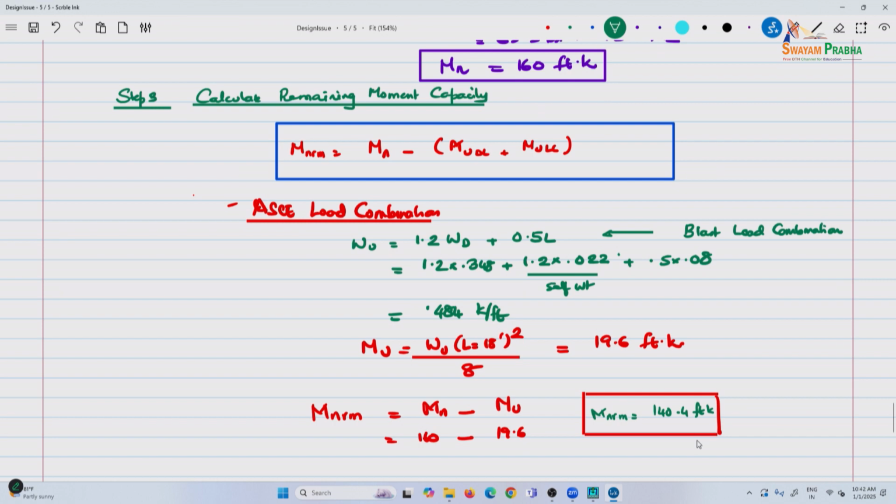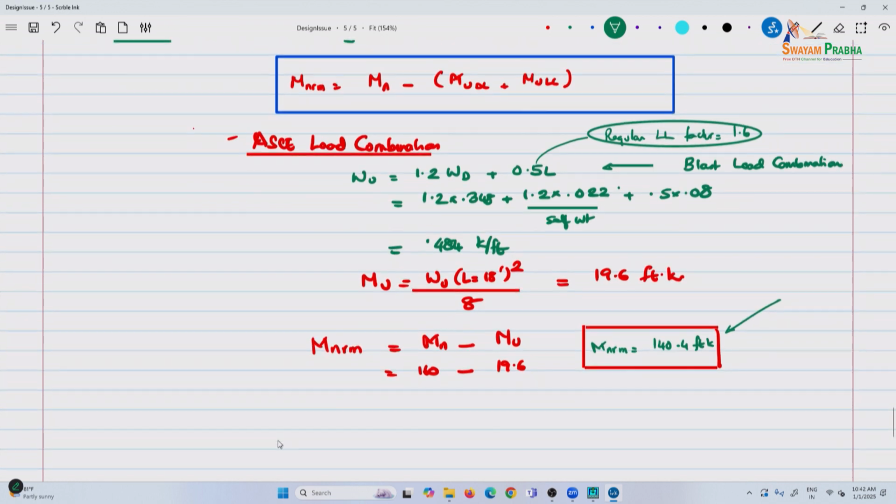But remember, you are designing for 1.0 here, and in US for regular live loads, this factor is 1.6. So in these designs, once you design for regular dead loads and live loads, you could provide additional capacity. So, keep an eye on this. It's a small percentage here, but that is what we would be using.